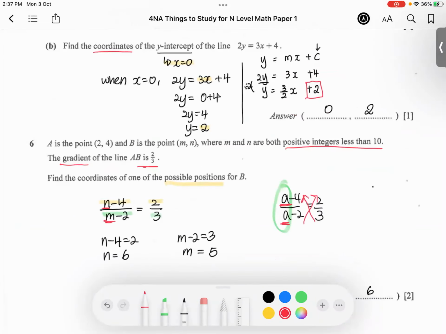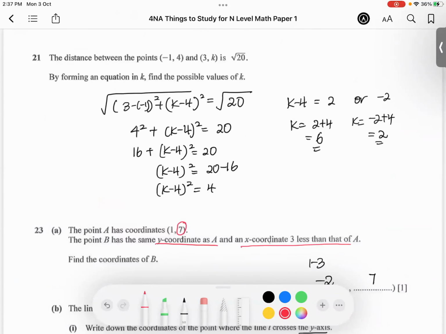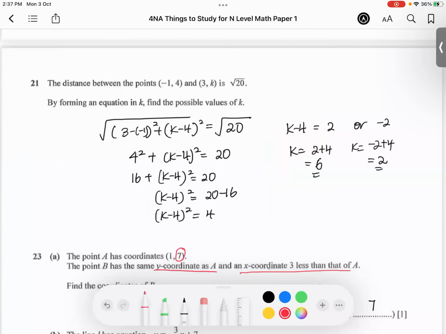Next one. Now this one I mentioned, the other new trend question, other than using gradient, the other one that they do is to use the length between 2 points. Do you remember the formula for distance between 2 points? Square root of something squared plus something squared. This looks like the Pythagoras theorem.